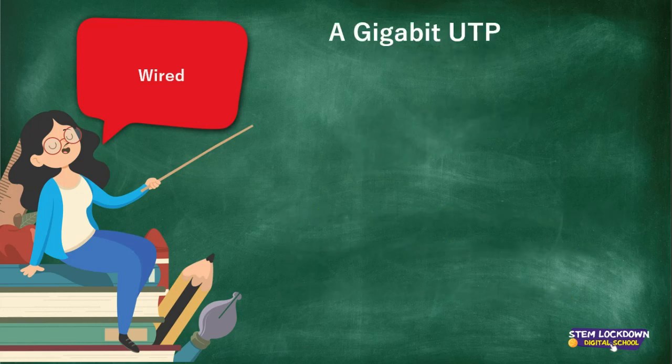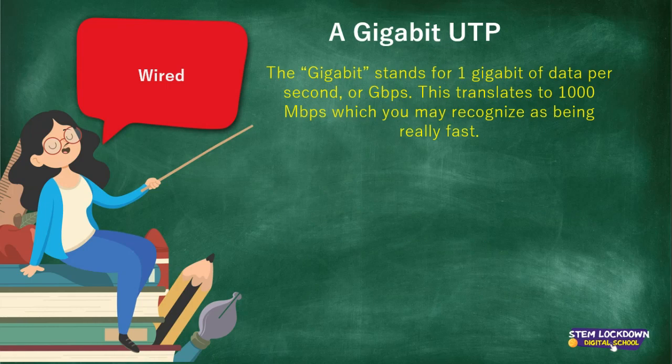So another cable that has gained traction over the years is the Gigabit UTP, right? Now, gigabit stands for 1 gigabit of data per second, or Gbps. This translates to 1000 megabits, which you may recognize as being really, really fast.